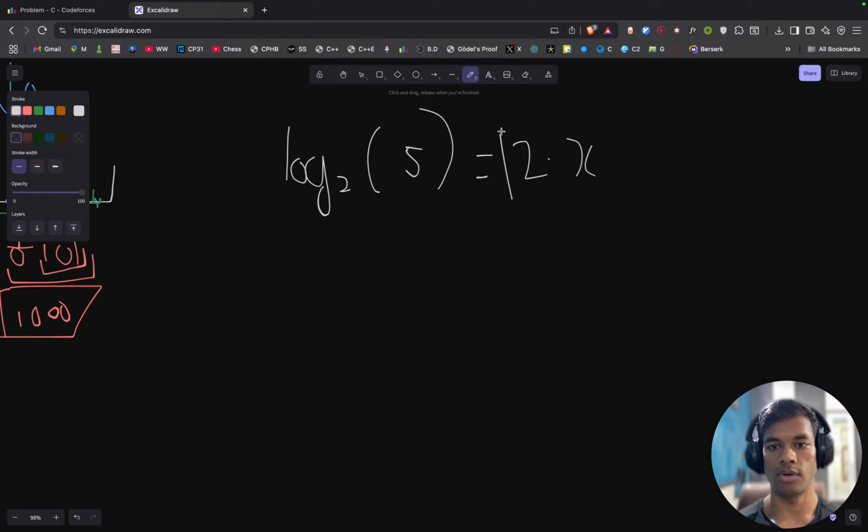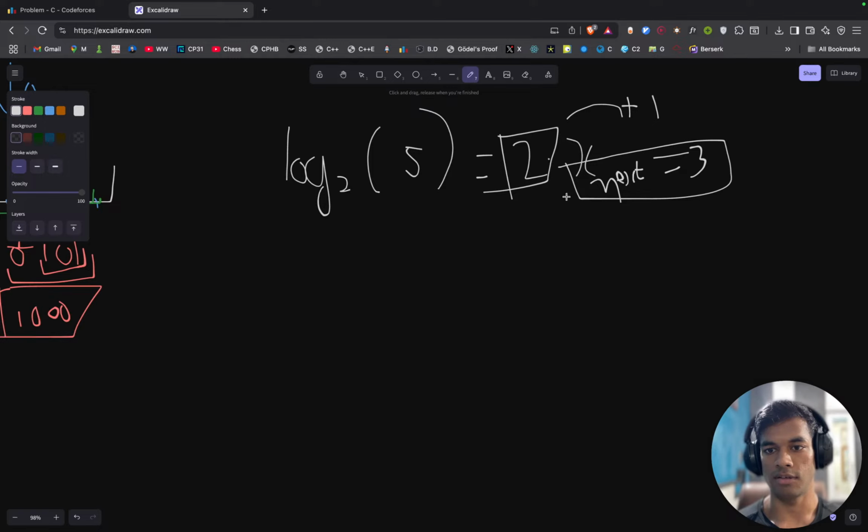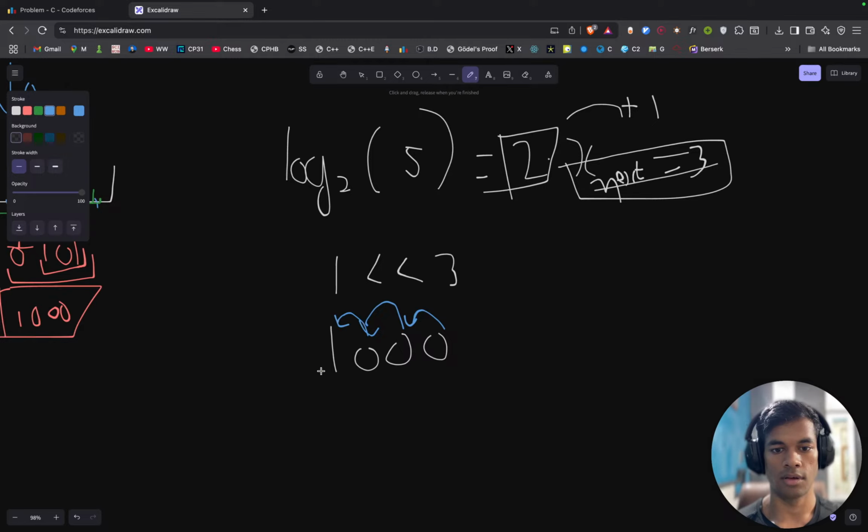And when I convert this into an integer, I will only get 2, and then when I add 1 to it, it will become equal to 3. So next equals 3, and when I do this, 1 left shifted by 3 places, one goes to the left once, twice, and thrice, and this number is 8.